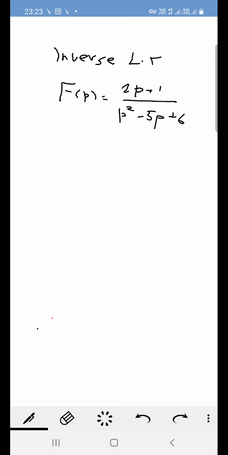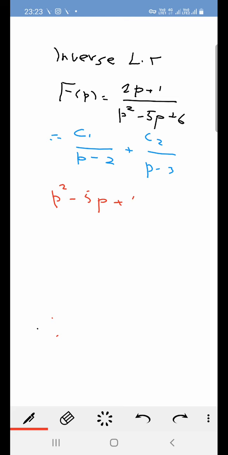First we need to write it in a different form. We will write this as C1 by p minus 2 plus C2 by p minus 3. We write this because p square minus 5p plus 6 is equal to p minus 2 into p minus 3.